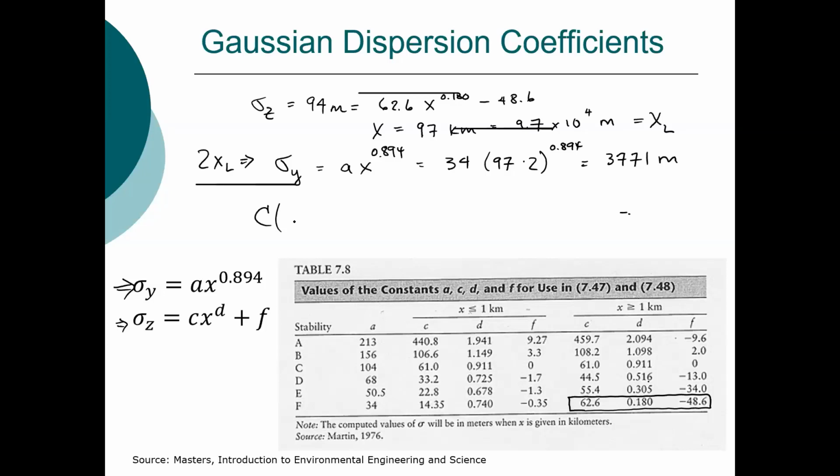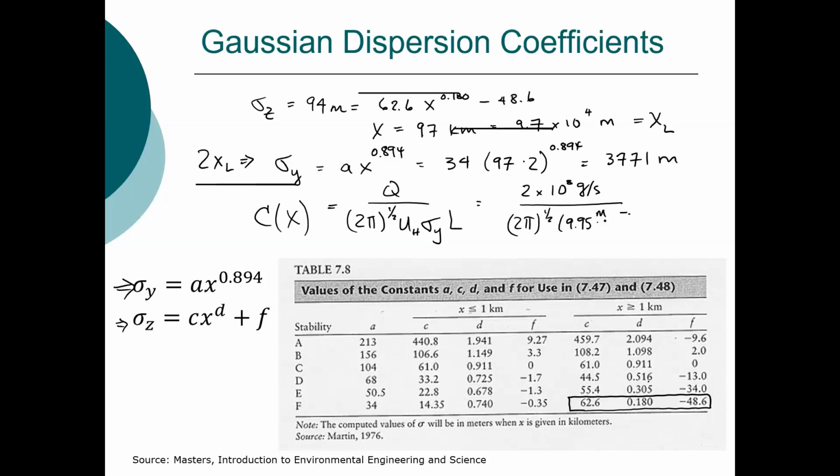So C sub x, and we're looking at 2 times x sub L, is equal to Q over 2 pi to the 1/2 U sub H, the dispersion coefficient in the y direction, times L. That is equal to 2 times 10 to the 8 grams per second divided by 2 pi to the 1/2 times 9.95 meters per second times 3,771 meters times 300 meters, and that is equal to 7.1, this should be micrograms per meter cubed.